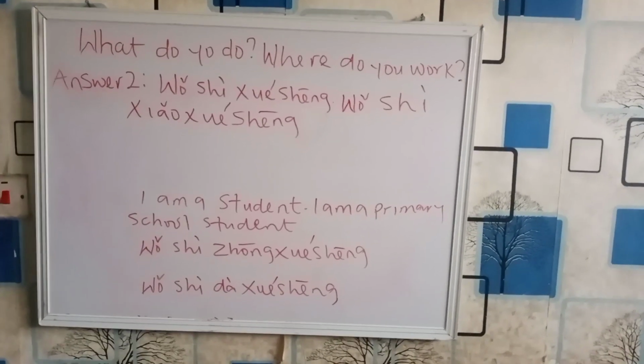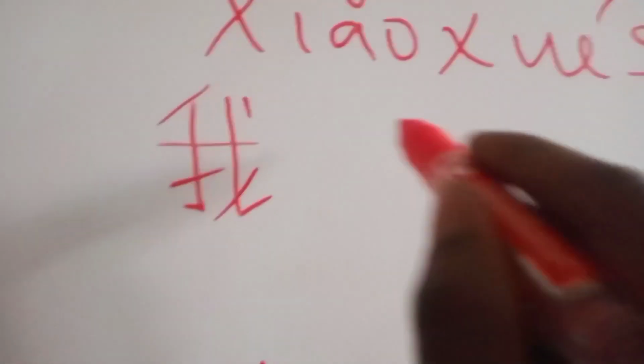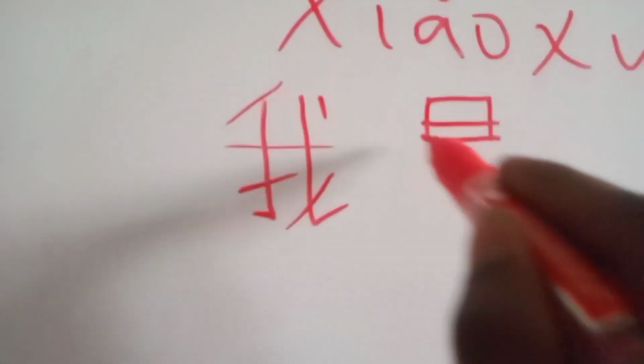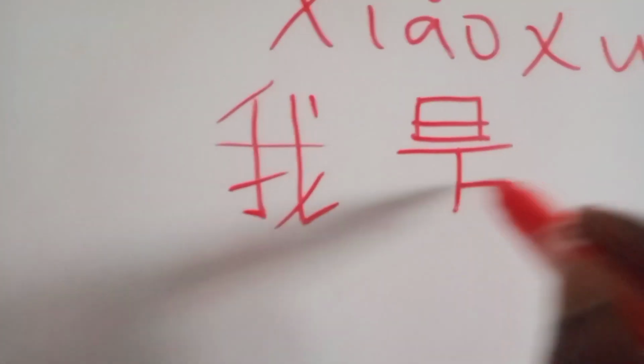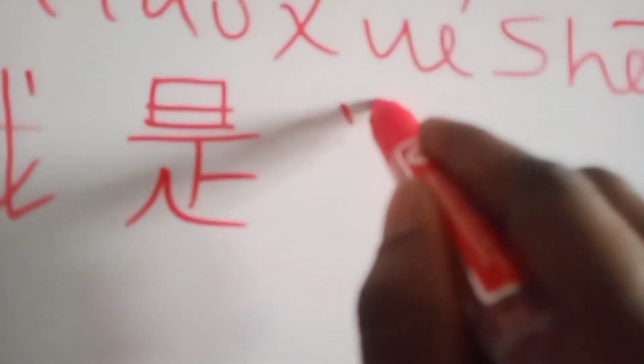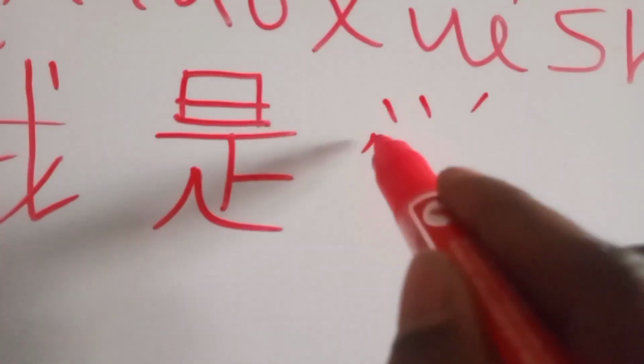Now we are going to write the characters together. We have written this before. 我是学.